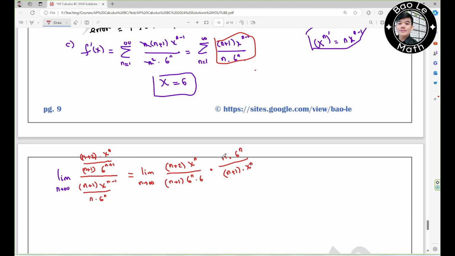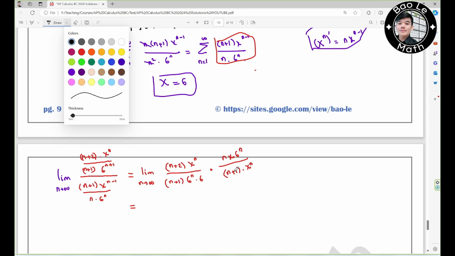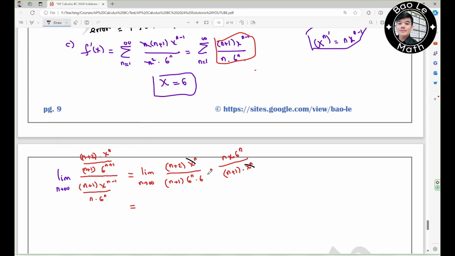So s I just bring to the top, so it turns out to be ns right here. Alright, so now we're going to simplify. s to the n and s to the n gone. 6 to the n, 6 to the n gone.